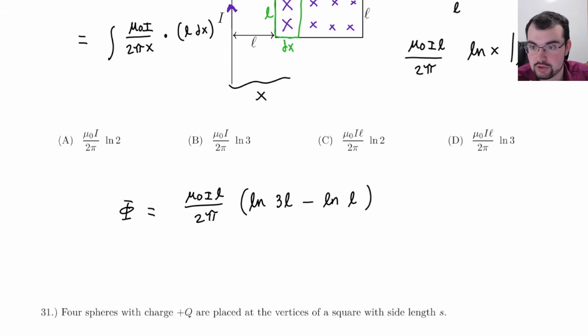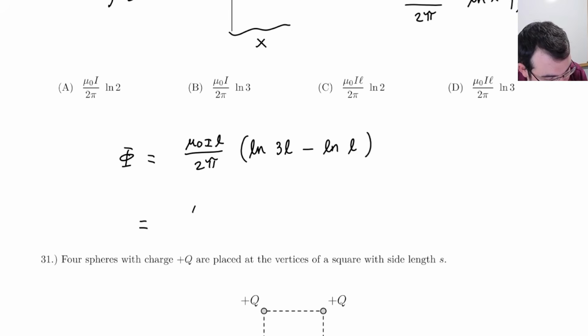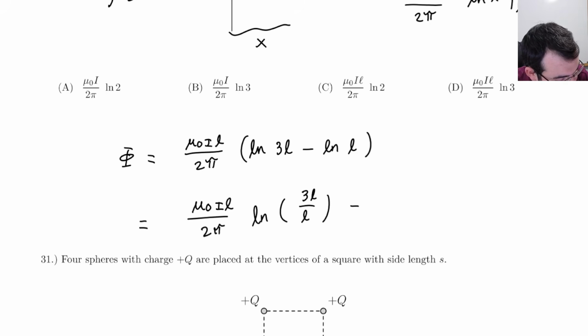And using the division rule, we could write this as ln of 3L divided by L, which is equal to ln 3. So we'd get mu naught IL over 2 pi ln 3.